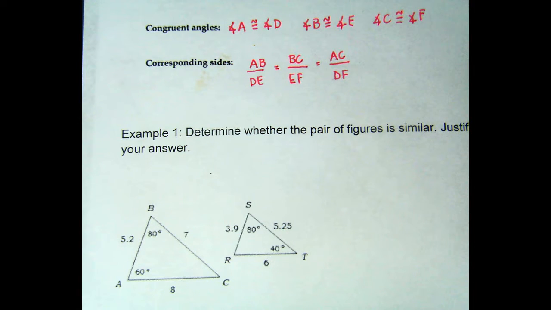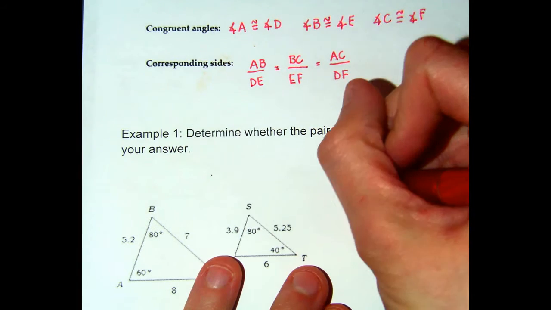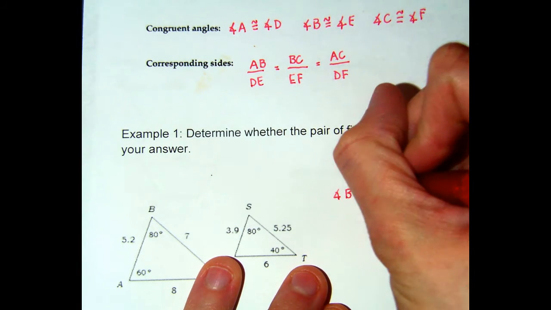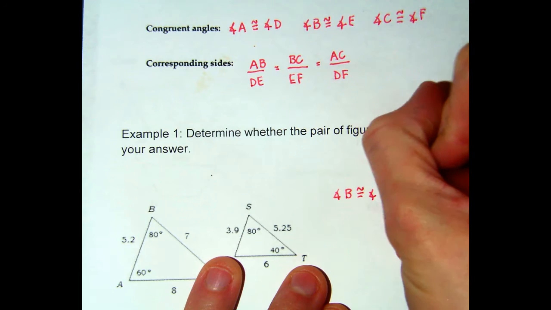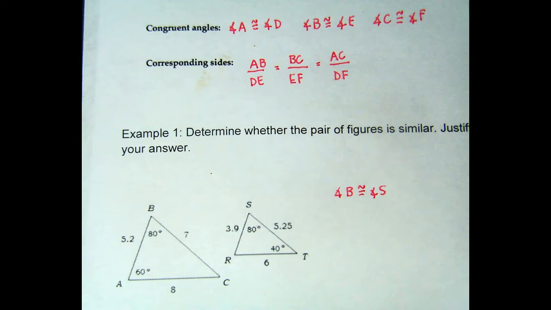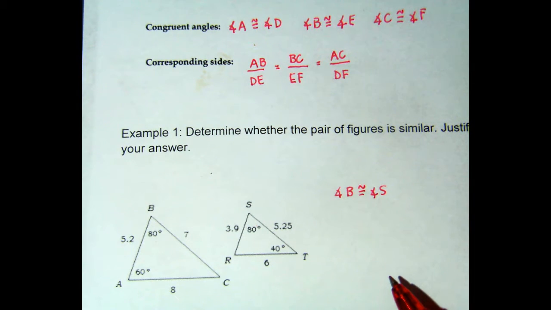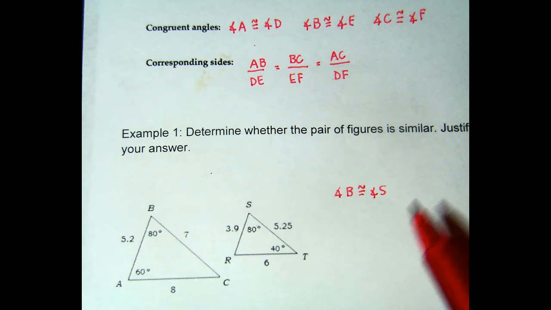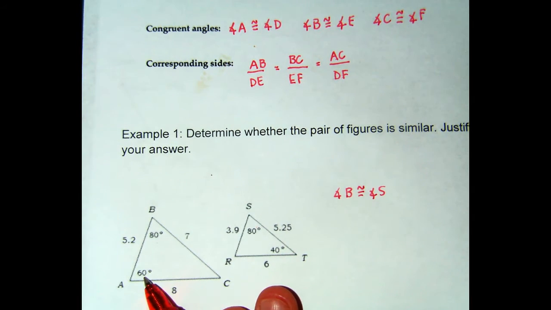So in this example, first of all, our angles should be congruent. We already know that angle B is congruent to angle S because they're both 80 degrees. We need to find the missing angles, though, to make sure these are really similar triangles. So, let's see.